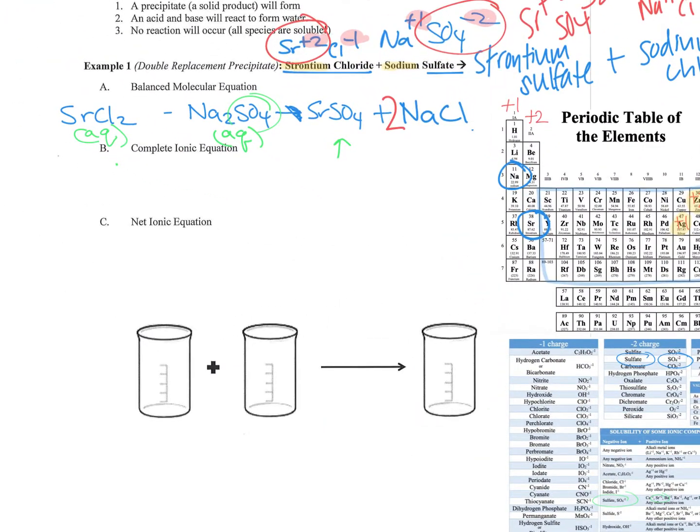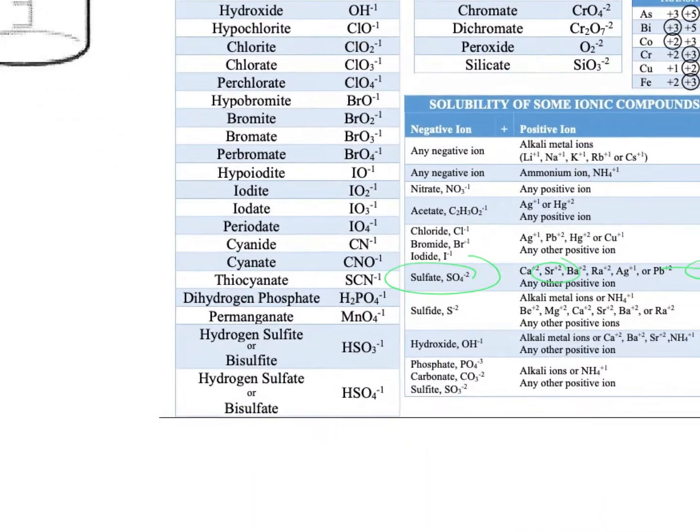And so our expected state of matter is not going to be aqueous, it's going to be a solid. And so that's going to be the exciting part of this reaction, is we're going to see a solid form in our reaction beaker.